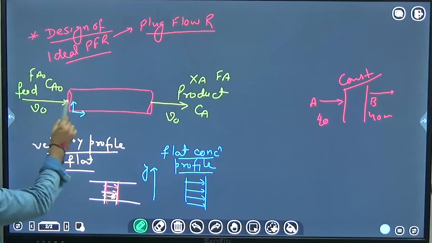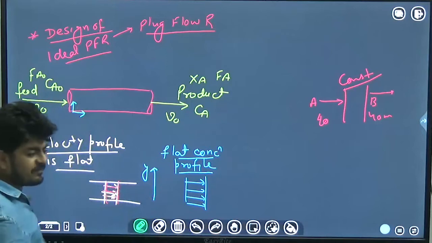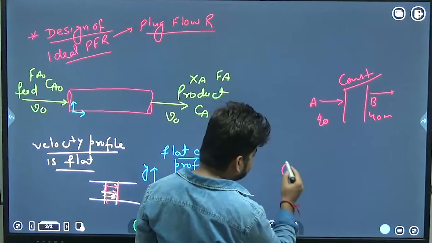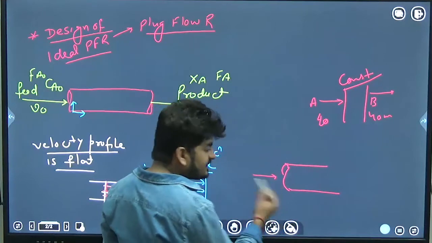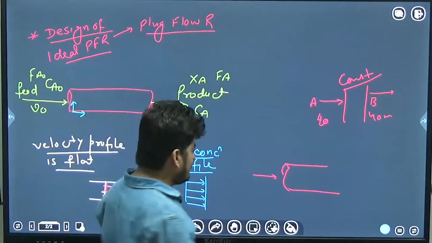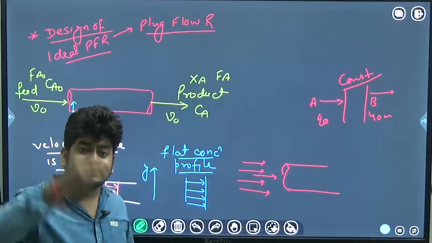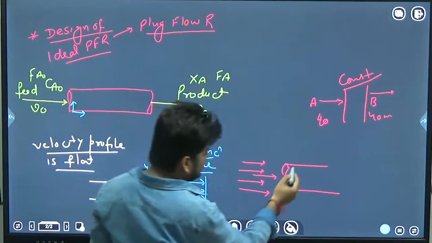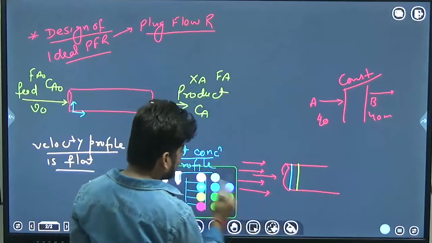Now when feed enters, try to understand, when this feed enters into the PFR, what is happening? This is the entrance of the PFR. Okay, fluid enters. Suppose I consider 3 consecutive vertical layers. I am breaking this fluid into 3 consecutive vertical layers, like first layer, second layer, and third layer.